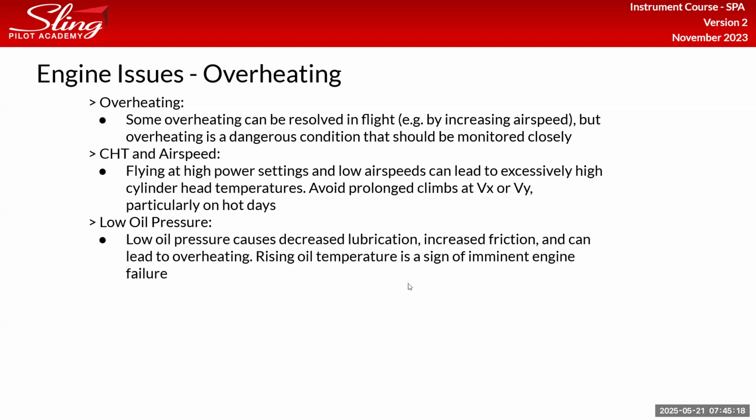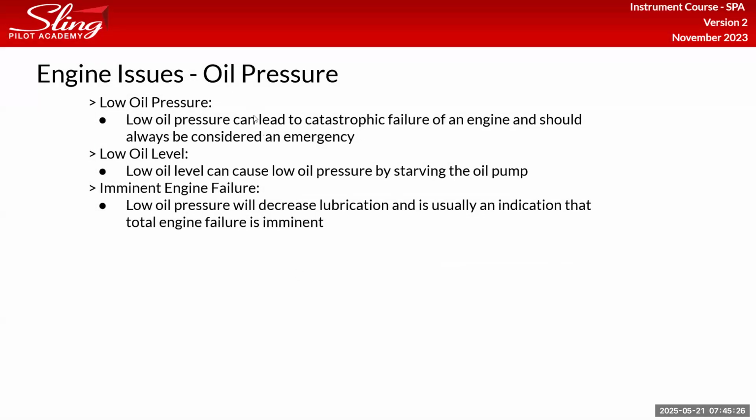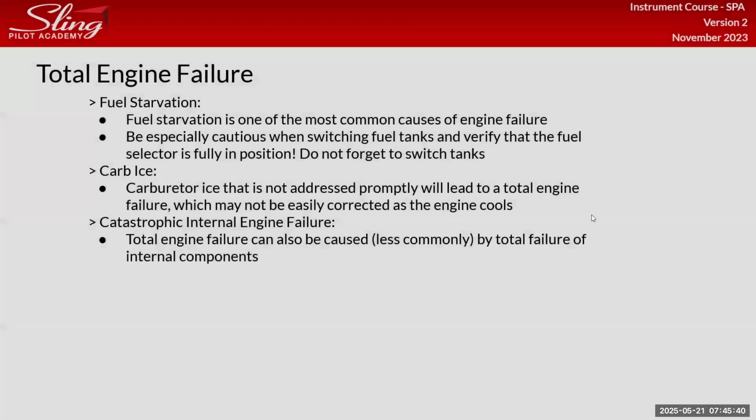Rising oil temperature is a sign of imminent engine failure. So if we don't have oil, that engine can and will fail eventually. Low oil pressure can lead to catastrophic failure. Low oil level could cause low oil pressure by starving the oil pump. Low oil pressure will decrease lubrication and engine failure will occur.